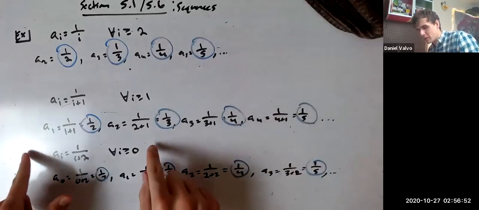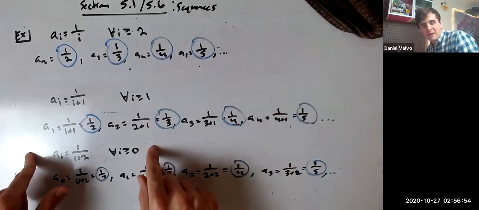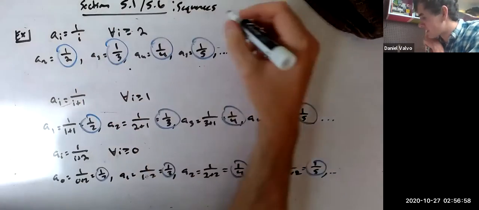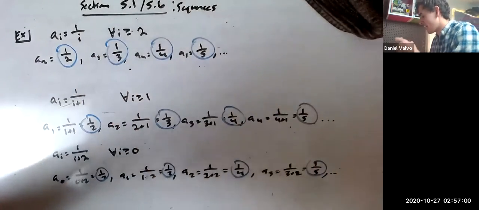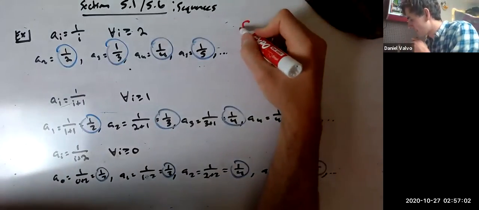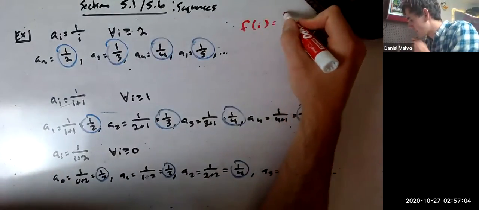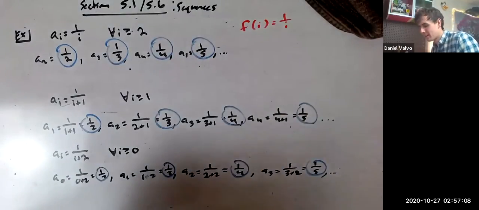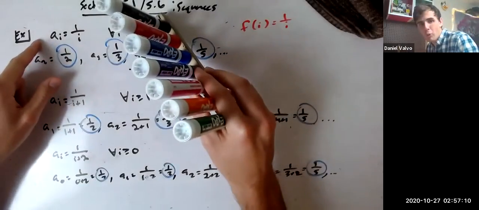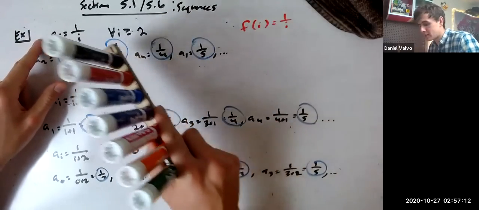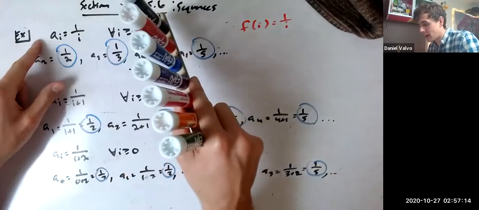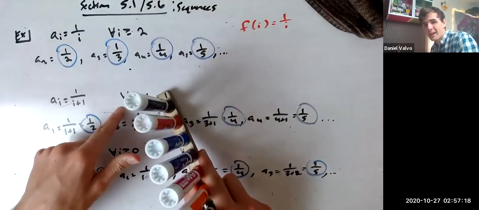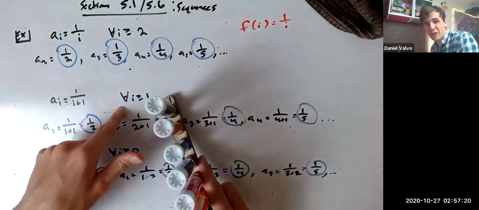Because really all we're doing, right, is, if you consider f of i to equal 1 over i, the original way we wrote it, this is just the explicit formula f of i. You start at i greater than or equal to 2. If you want to start at 1, you kind of have to shift everything along with it.